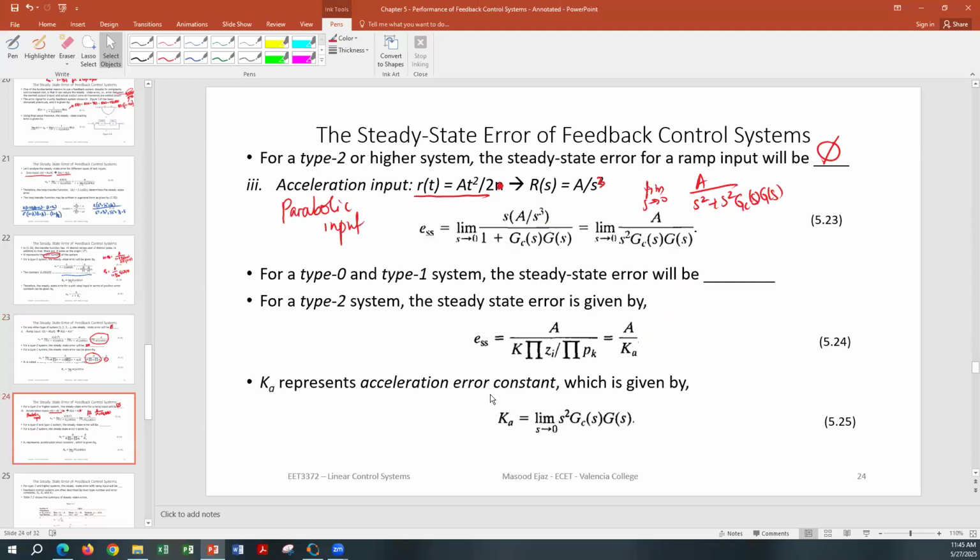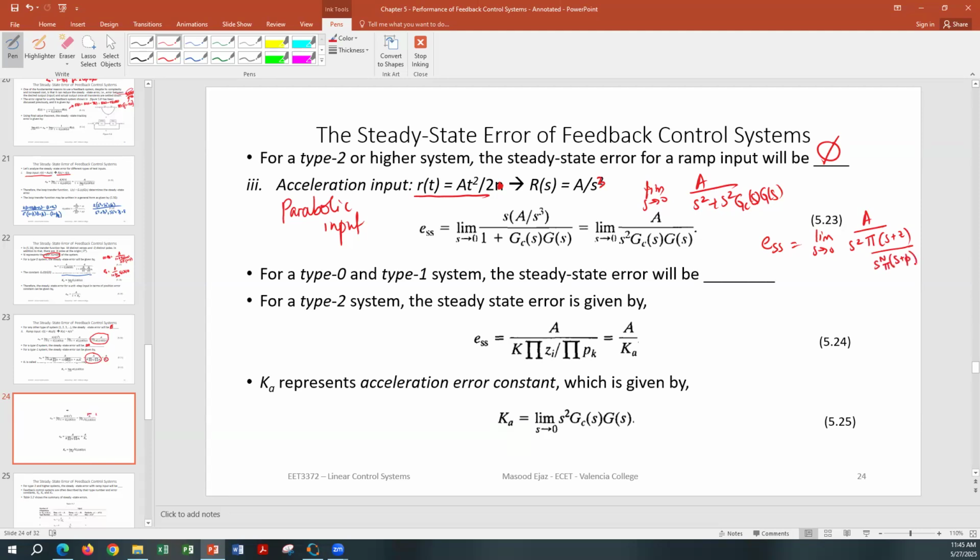Perhaps I can write this down here. The steady state error is the limit s tends to 0 of A over s squared, product of all the zeros, divided by, for the type, s to the power n, product of all the poles.